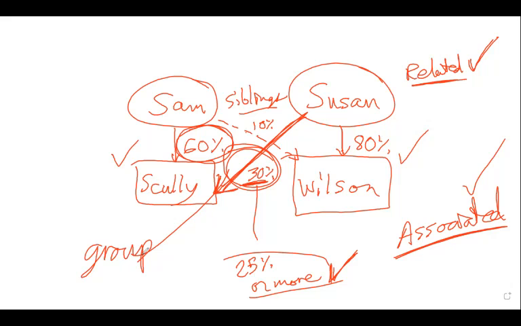As a group, both companies are controlled by the same group. We also have the 10% and the 80%. So again, we didn't need this 10%, but it also does kick in the fact that together they control Wilson and together they control Scully.